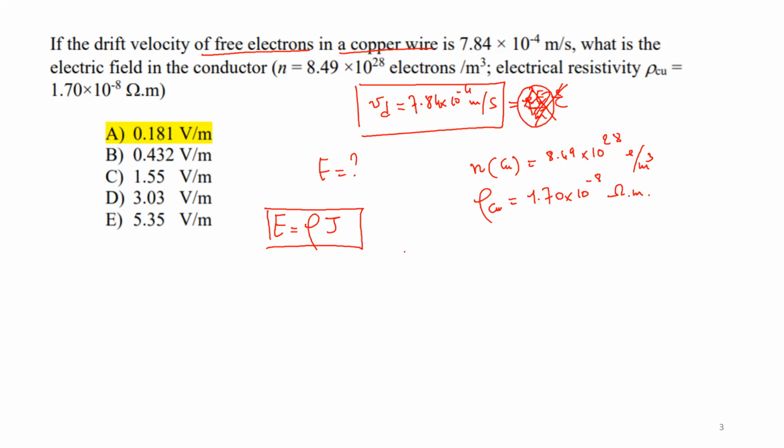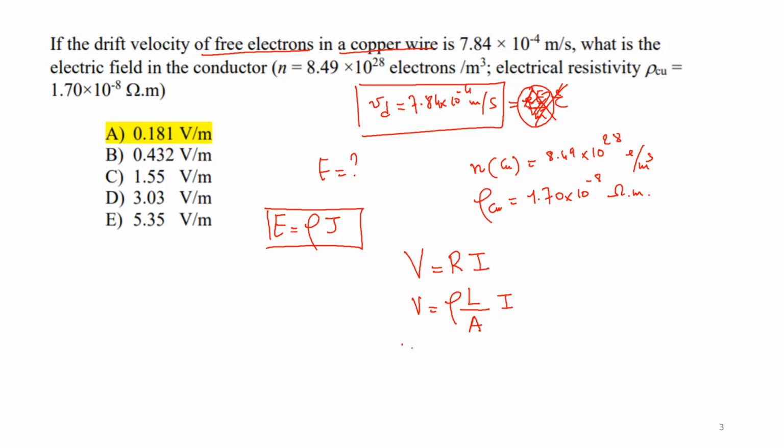Ohm's law for a copper wire: the voltage across my wire is the resistance multiplied by the current. What's the resistance? We already showed that it's the resistivity, rho, multiplied by the length of my copper wire divided by the cross-sectional area, multiplied by I.